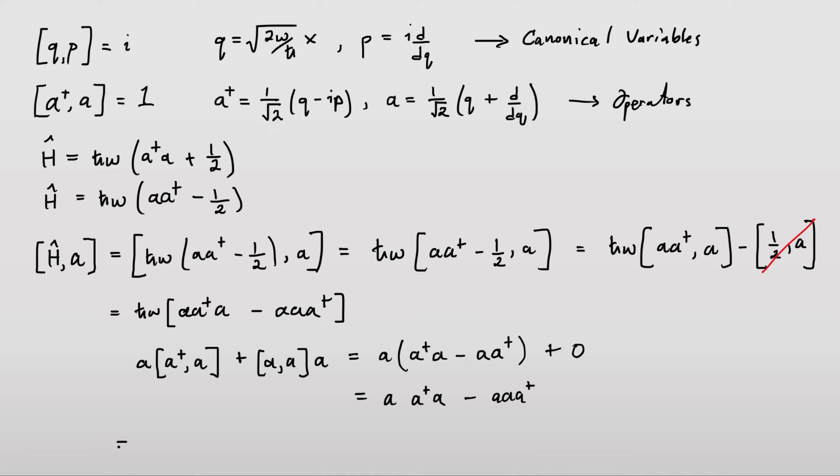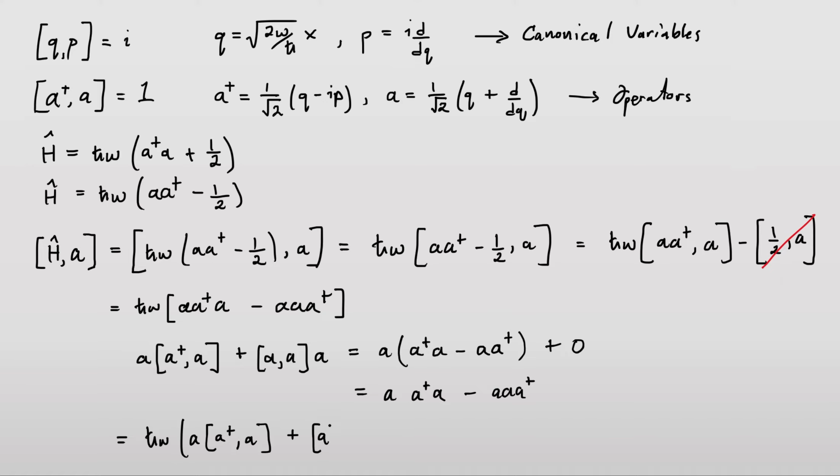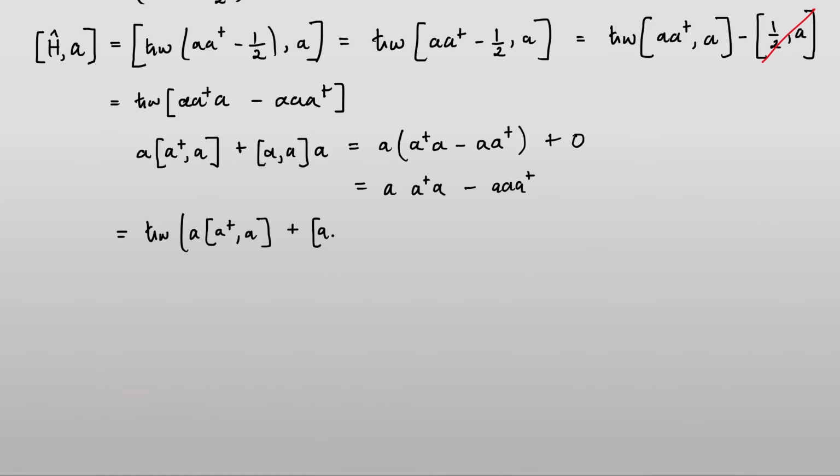So we can rewrite our Hamiltonian as h bar omega, a dagger with a, plus a, and then this here we said was 0, so this is 0.